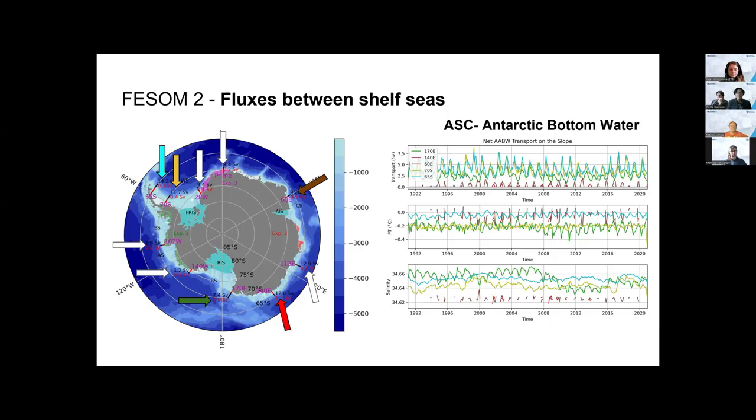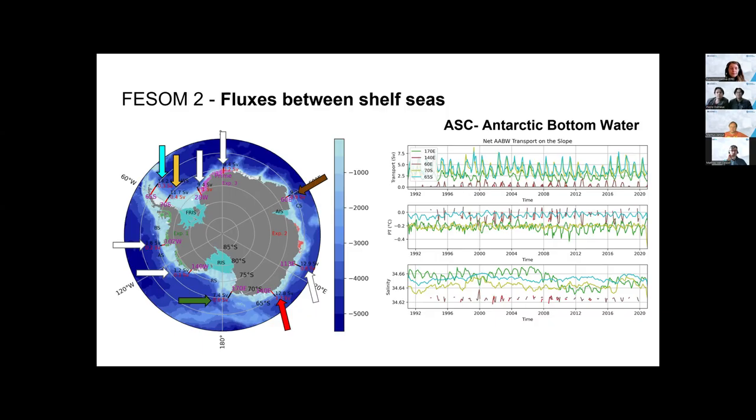And that's, as was previously mentioned, where there's more dense shelf water formation, and therefore more export of Antarctic bottom water. While where you see the red arrow, the Dalton coast, and the brown area, Antarctic bottom water is not a constant feature.